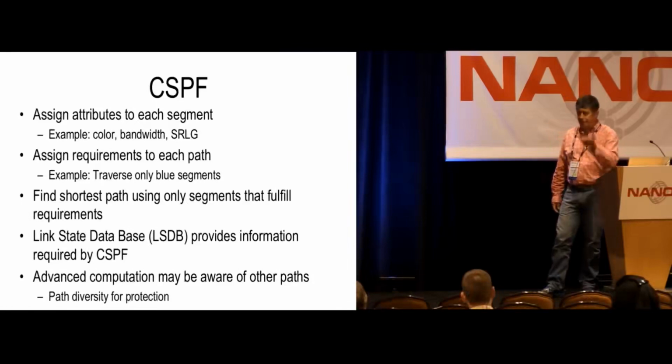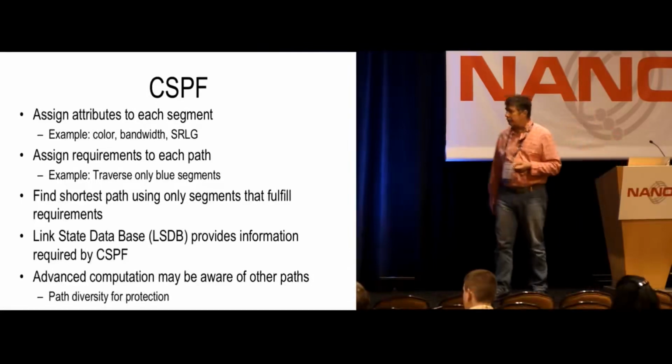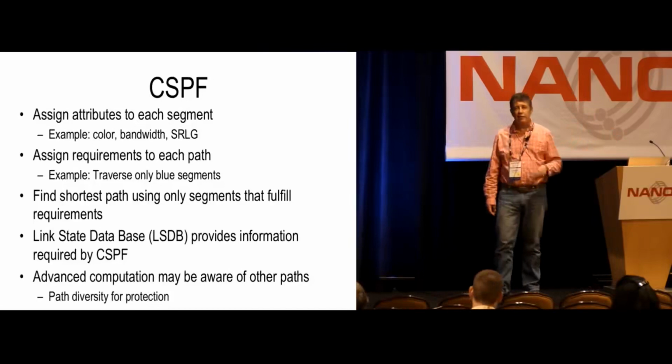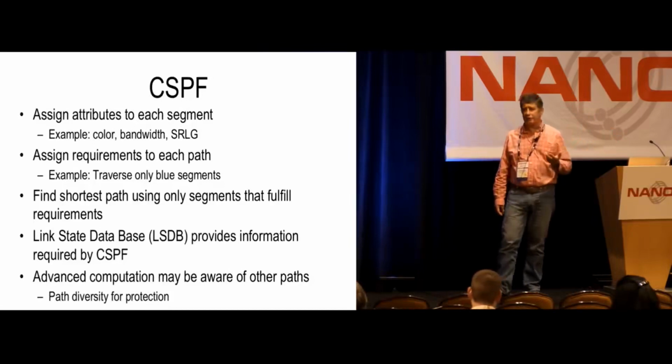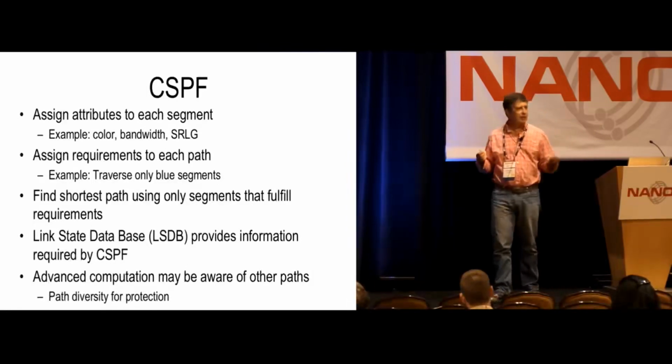And as I just said before, the piece of information you need to do your CSPF is the LSDB and another database that I don't mention in the slides called the TED. The LSDB and the TED are cousins. The IGP floods link state information throughout the IGP domain so that every router in the IGP domain has an identical copy of the LSDB and the TED.